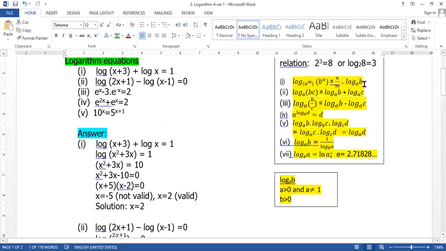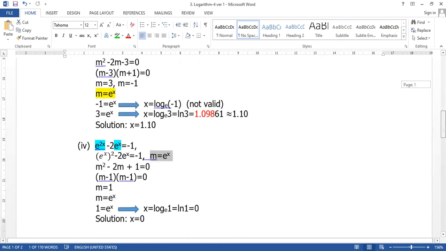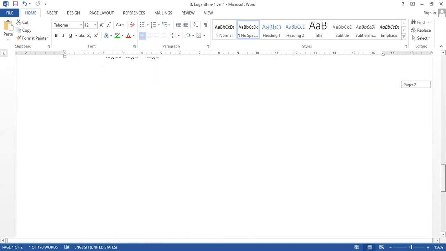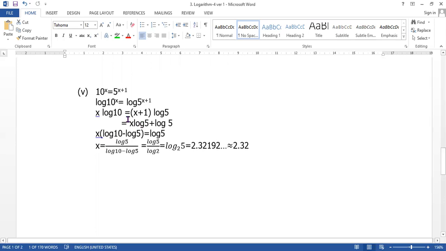This formula 1 says that the exponent n in an exponential can be moved to the front of the logarithm. Okay, and we move this x to the front of this logarithm. Same like this, x plus 1 to the front of logarithm 5.